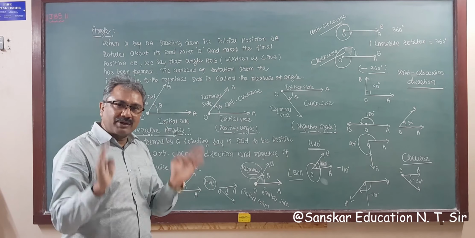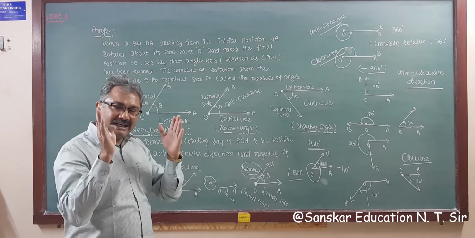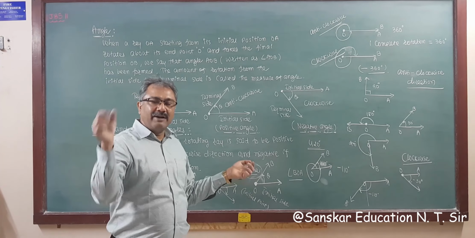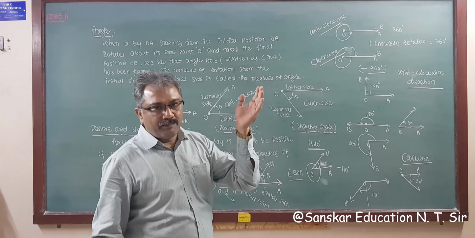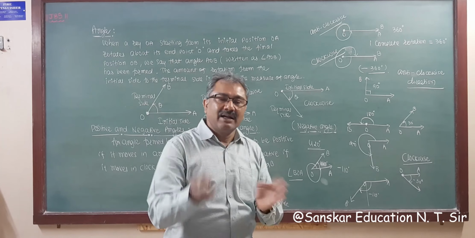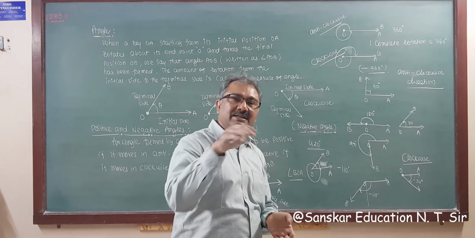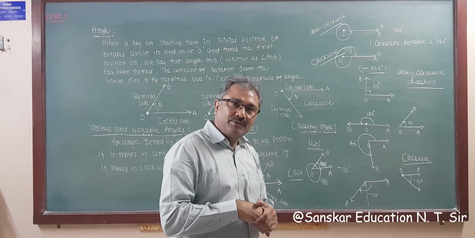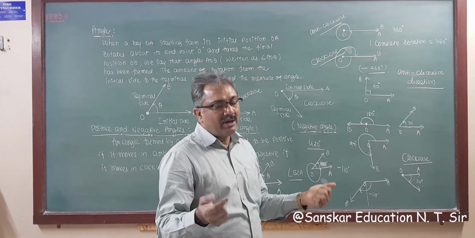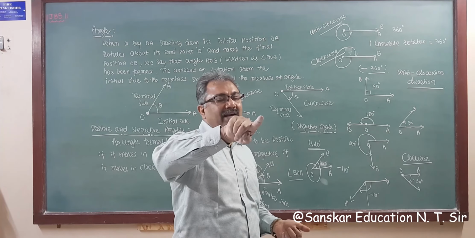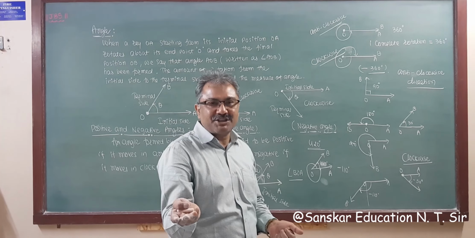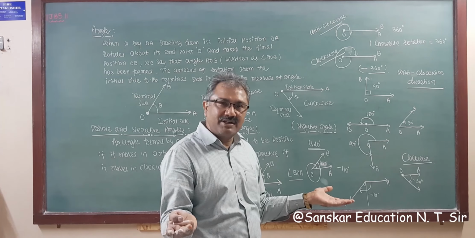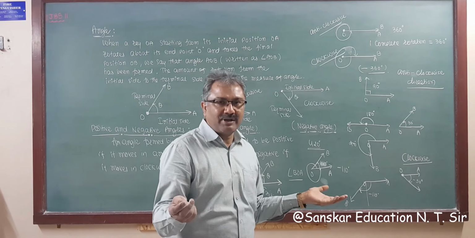So the amount of rotation from initial side to terminal side is called the angle. And if rotation is in clockwise direction, then angle is negative, and if rotation is in anti-clockwise direction, then positive. Right? That you have to remember. And one complete rotation in anti-clockwise direction is 360 degree, and in clockwise direction is minus 360 degree, that you have to remember. Okay, got it?